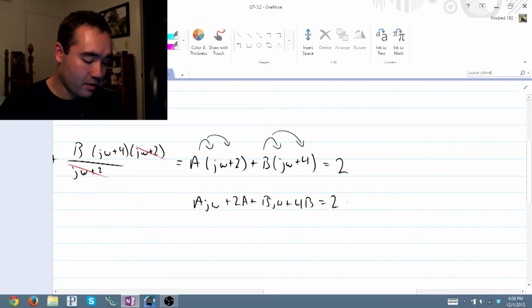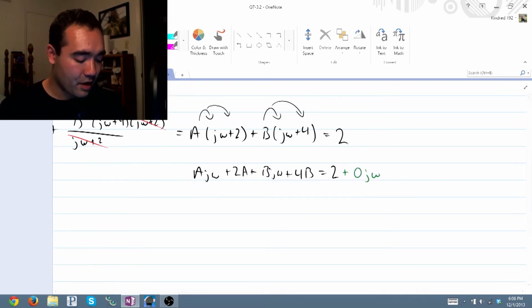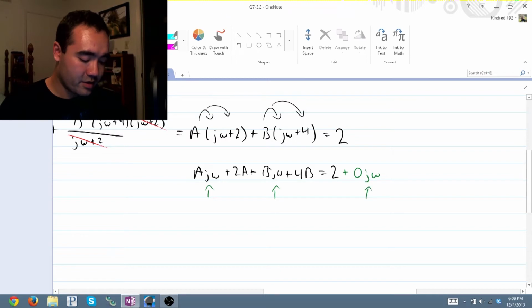And you can see here, and I'll just write this in green, that we have a 0 j omega here. Now, there's a law in algebra that says that we have j omega, j omega, j omega, right? And then we have another set of numbers that's constants, right?